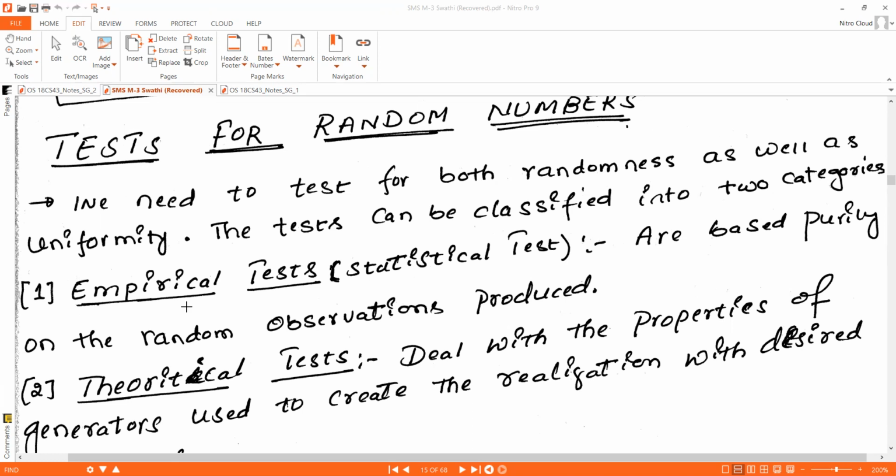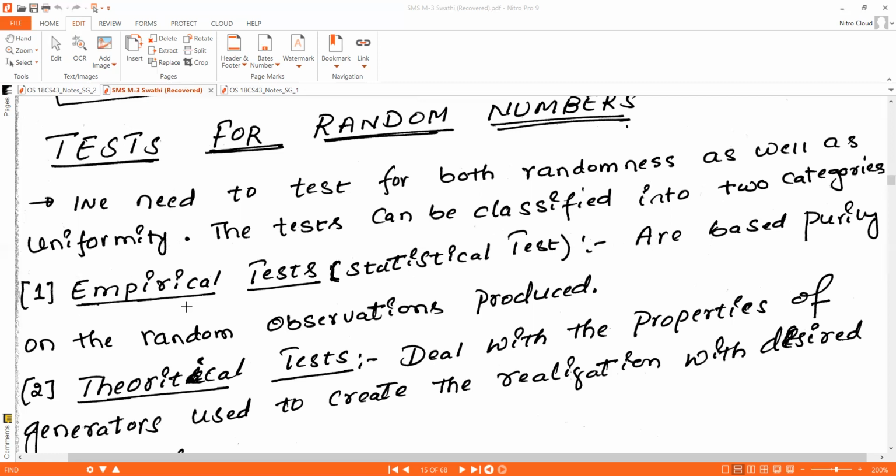The empirical test, also called the statistical test, is based purely on random observations produced.